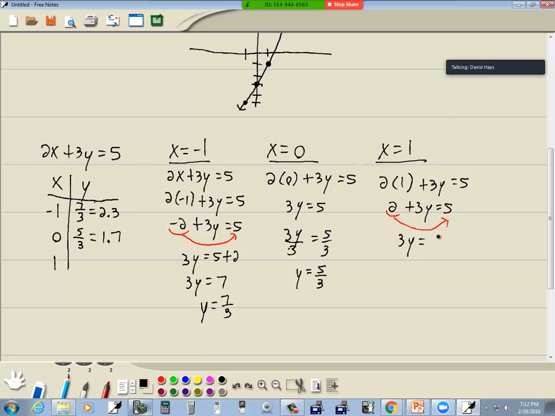Although I'm not saying it, we're just going through solving linear equations. Get rid of parentheses, get rid of fractions, get everything with y on one side, numbers on the other side, or constant terms. 5 minus 2 is 3. And then last step, divide both sides by the number in front of your y. So divide both sides by 3. And we get y is equal to 1.